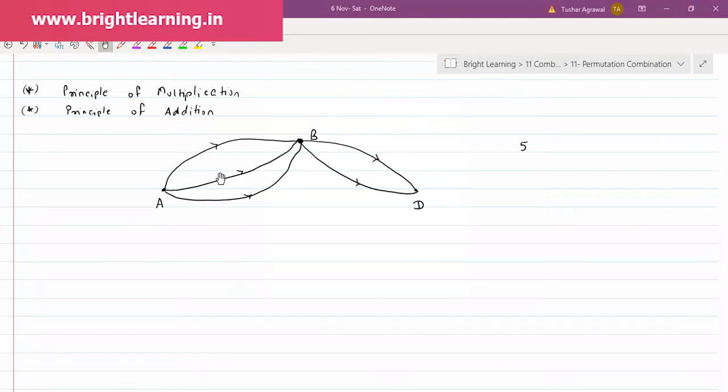Now, if I just name these routes as P1, P2, P3, and here let's say Q1, Q2.